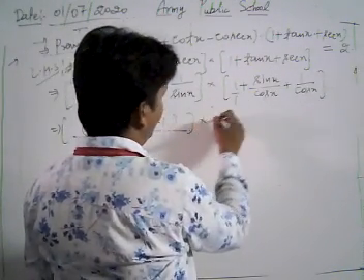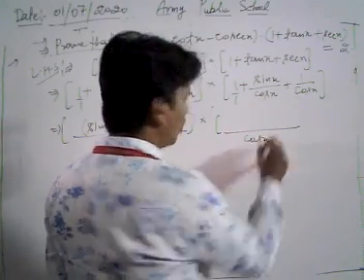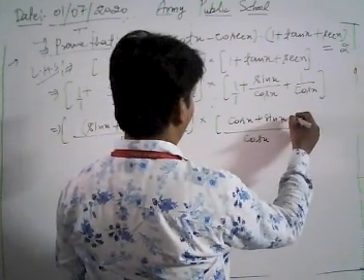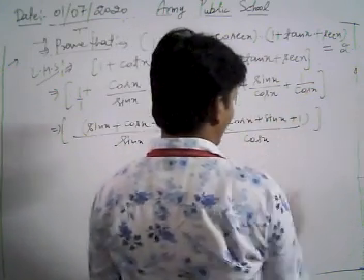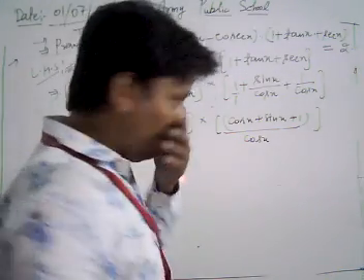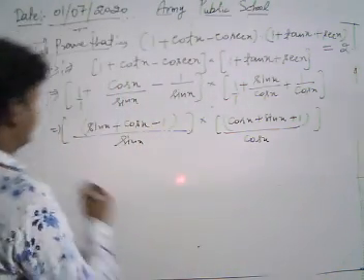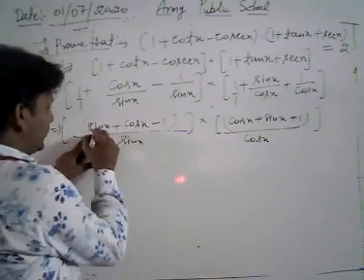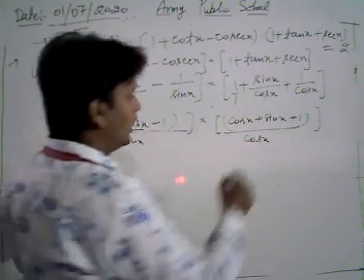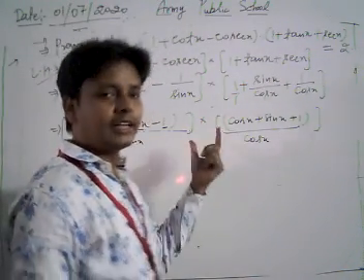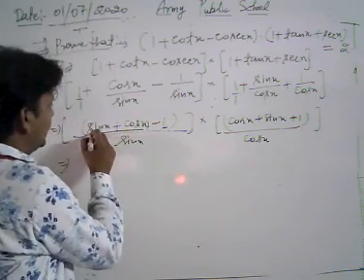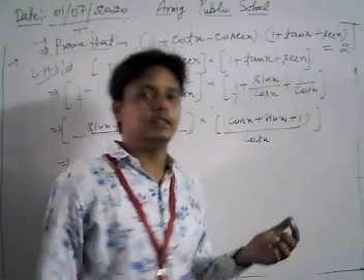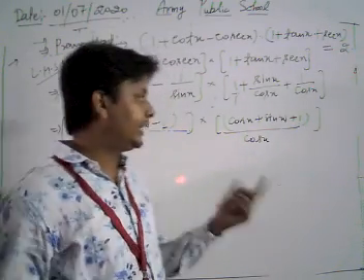Here we take the LCM cos x, then we get (cos x + sin x + 1) upon cos x. Now in the numerator we observe that, suppose we take sin x + cos x as A and 1 as B, then this is A minus B and that is A plus B, and we know that (A + B)(A − B) is A² − B².